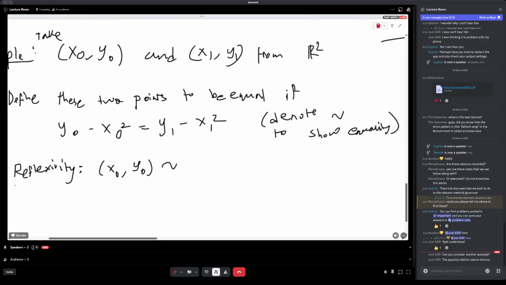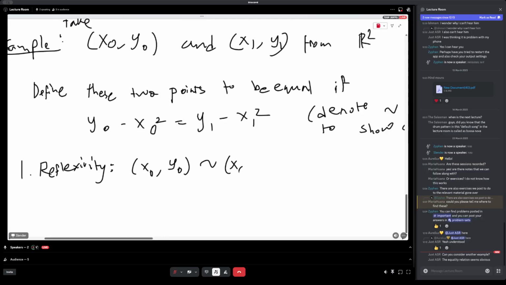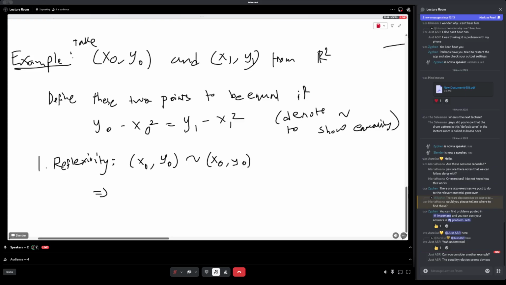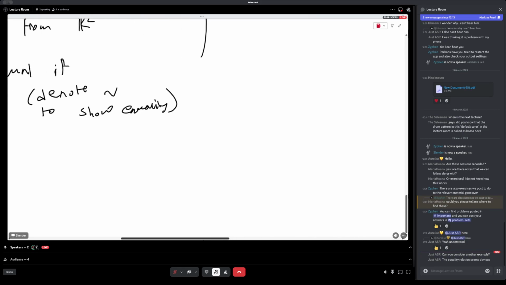Okay, so now we take this point and relate it to itself, which just means that we use this as our definition as we define the points to be equal. So let's plug in these values.